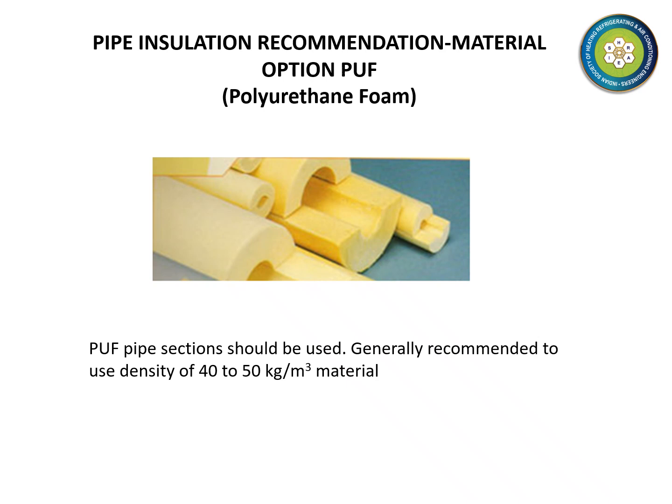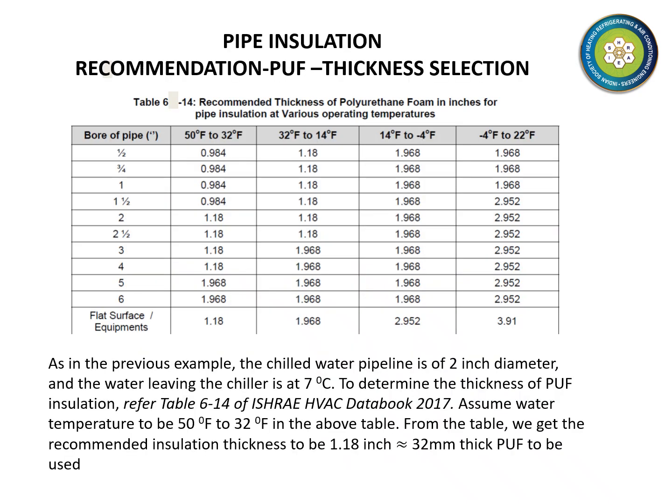Suppose in the same project, it is decided to use PUF or polyurethane foam. As in the previous example, the chilled water pipeline is of 2 inches diameter and the water leaving the chiller is at 7 degrees centigrade.